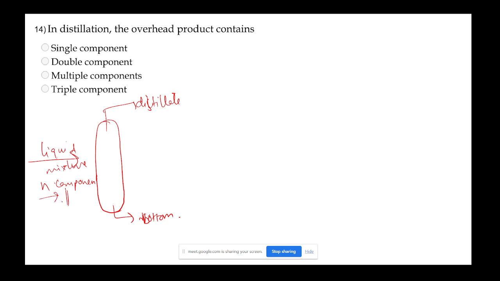And one of the examples where multiple components are present is crude oil, from which you try to extract all the petroleum products.